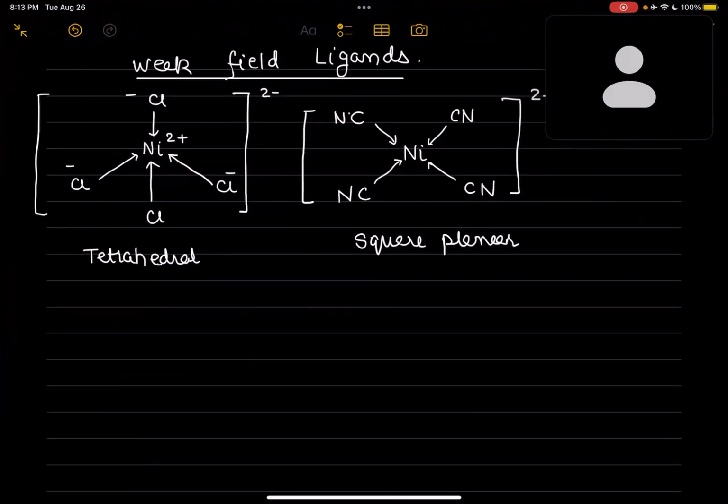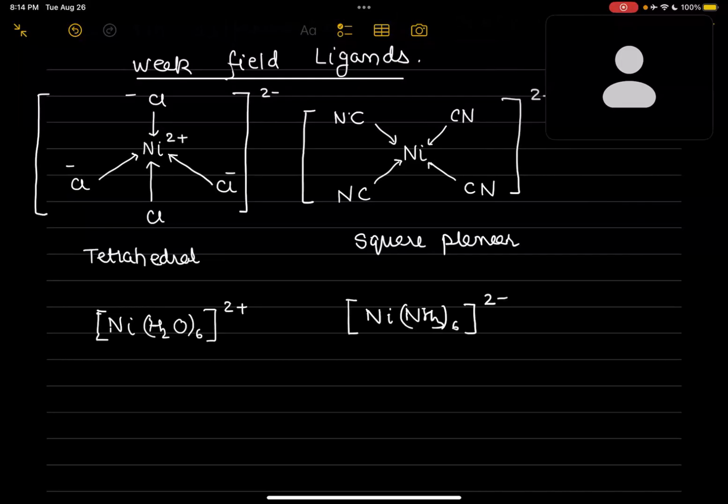For example, nickel 2 plus ion in water forms this complex, while in ammonia, it is going to form this complex.